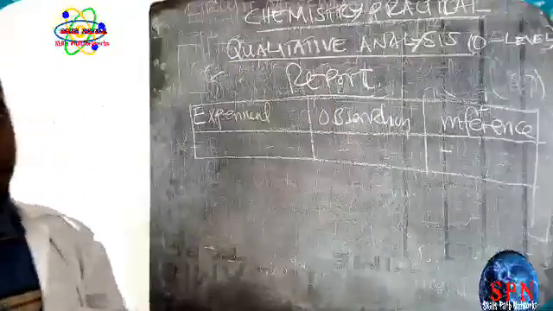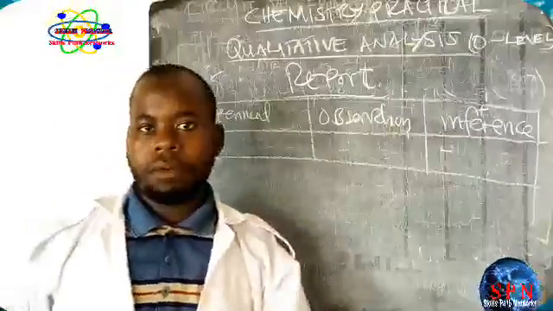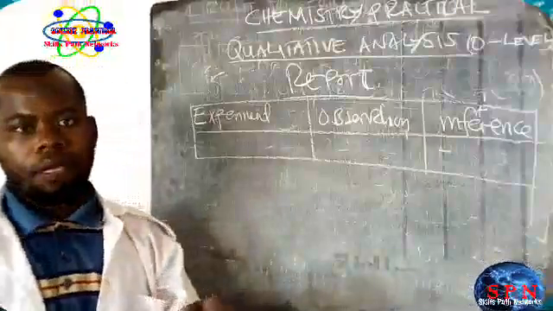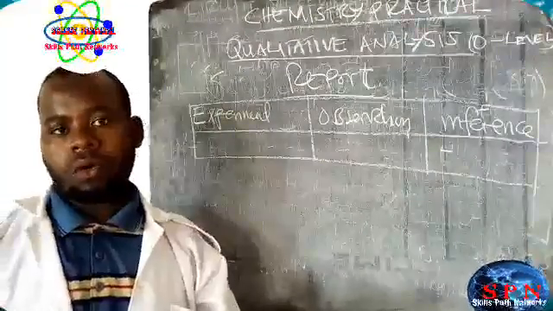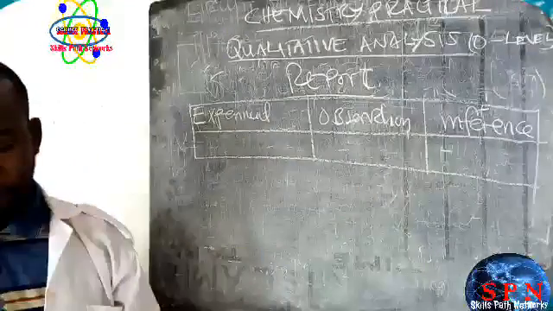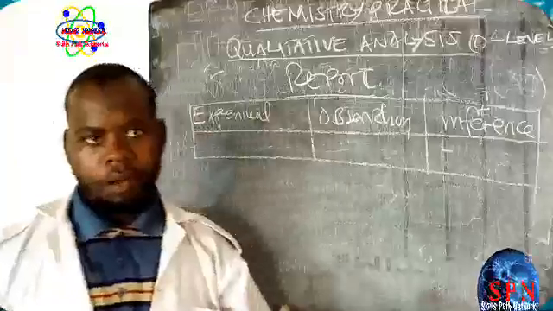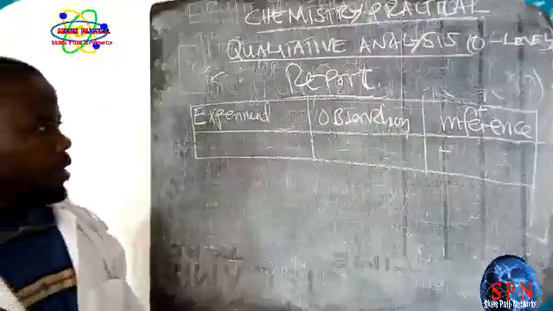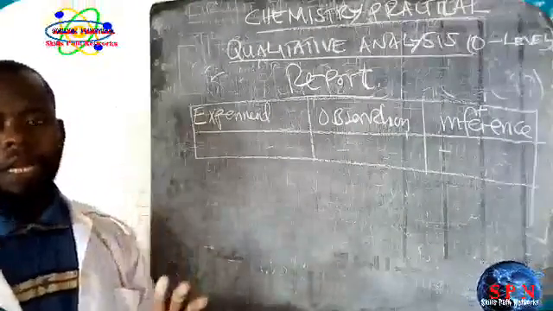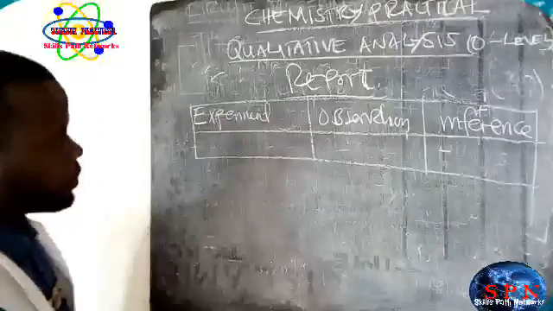It means those procedures you're supposed to write in one table, by adding a row according to your procedure. You're going to add it at each step. But the aim is to identify the cation and the anion.